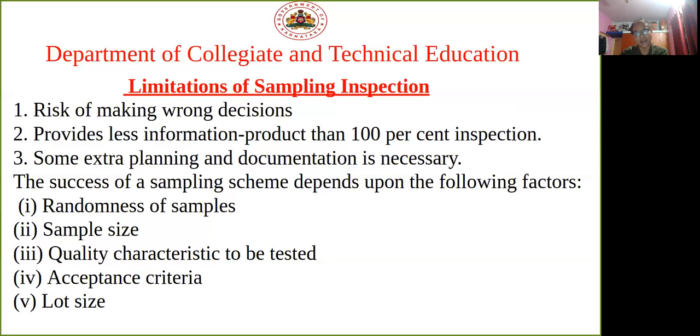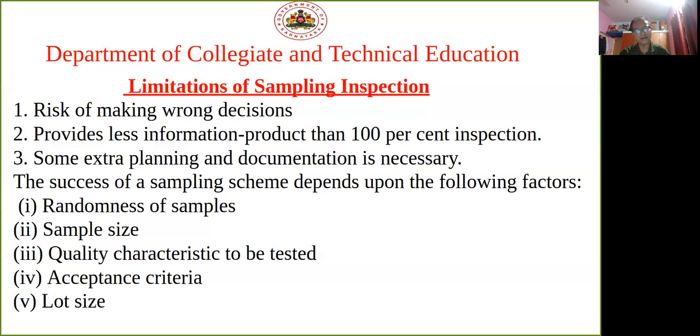And the quality characteristics to be tested, what are the quality characteristics that we need to test in acceptance sampling inspection. Then the acceptance criteria, which is denoted by C. C is nothing but the acceptance number, and this acceptance number will be decided by an agreement between the consumer and the producer.